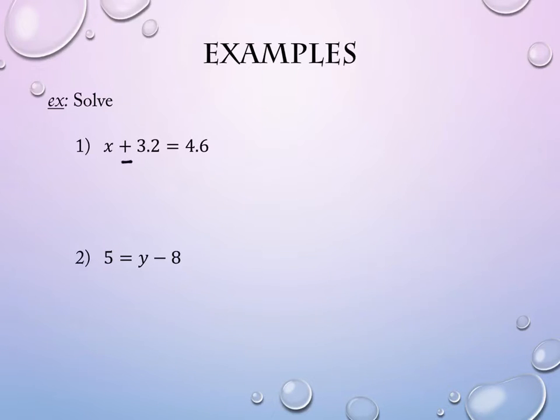So we are going to do the opposite operation to both sides of our equation. We will subtract our 3.2. Positive 3.2 and negative 3.2 add to 0, which is the whole point. Right? That's why we did what we did. That leaves us with x on the left. And what is 4.6 minus 3.2? 1.4.